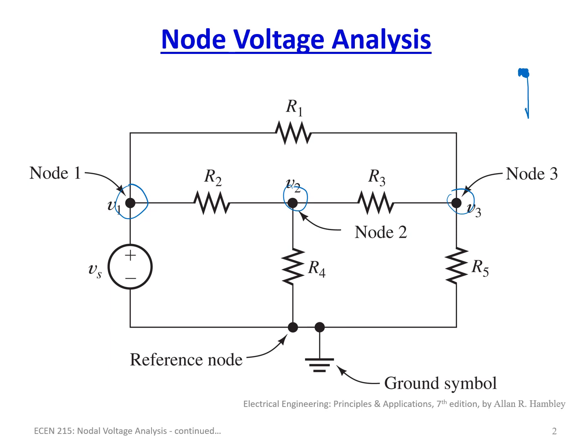Where I have a node, I like to use leaving current always. So the sum of all the currents leaving must equal zero. The reason I like that is because I can always start with the node that I'm on, subtract the other node, and get V2 minus V3 over R3 gives me this current. It's a natural breakdown of that.